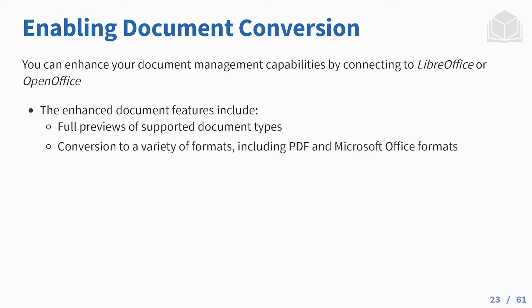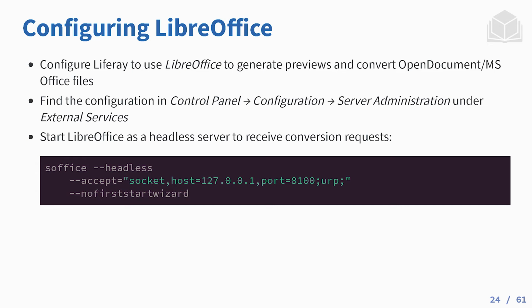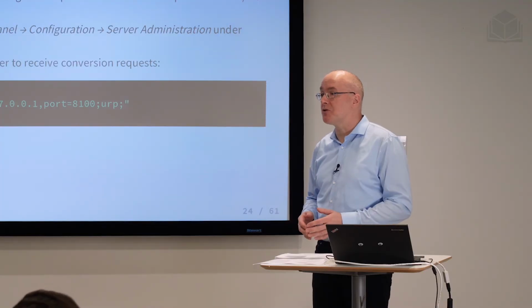We not only generate the previews, but we also are able to convert from one format to another. Now, this is done with LibreOffice, or I think the user interface calls it OpenOffice, but basically both are interchangeable. You may or may not know the history of LibreOffice. It was a fork from OpenOffice, and OpenOffice is the open source version of StarOffice, which doesn't exist anymore.